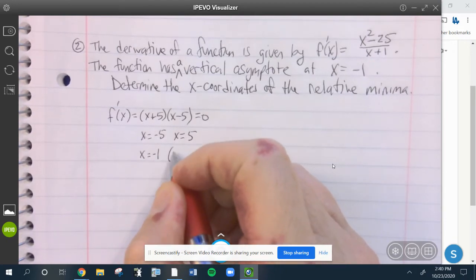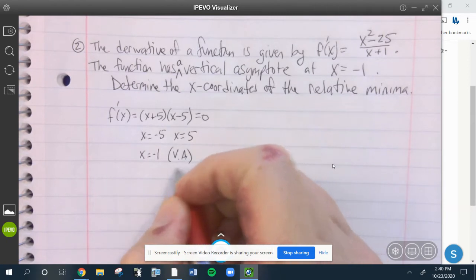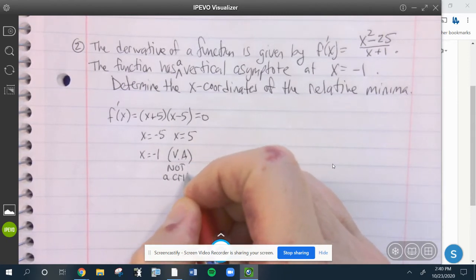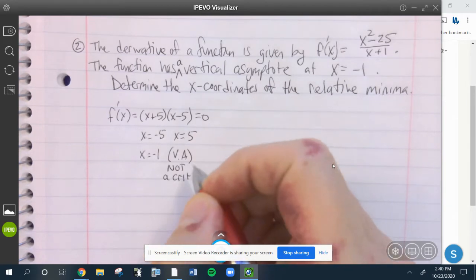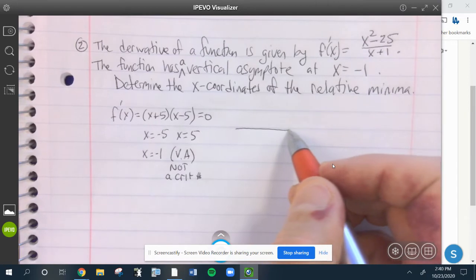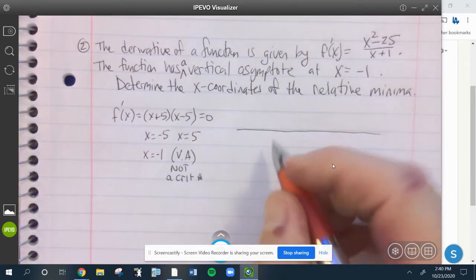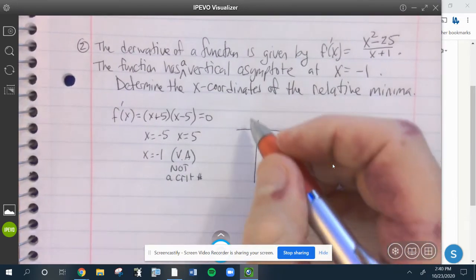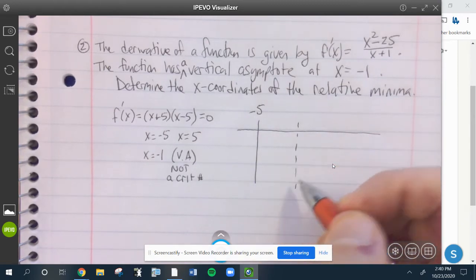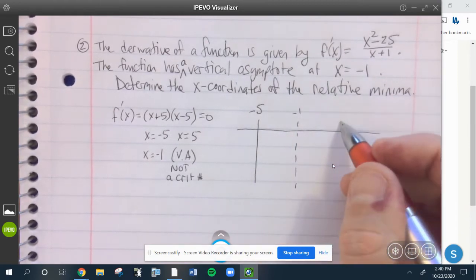So that's a vertical asymptote, not a critical number. So when you make your chart, you need to include -5, you need to include the asymptote, and +5.